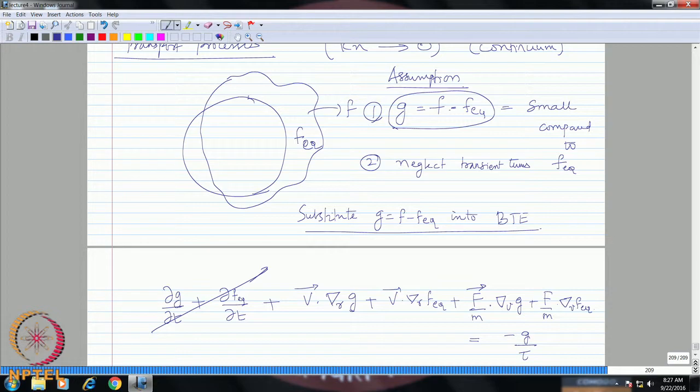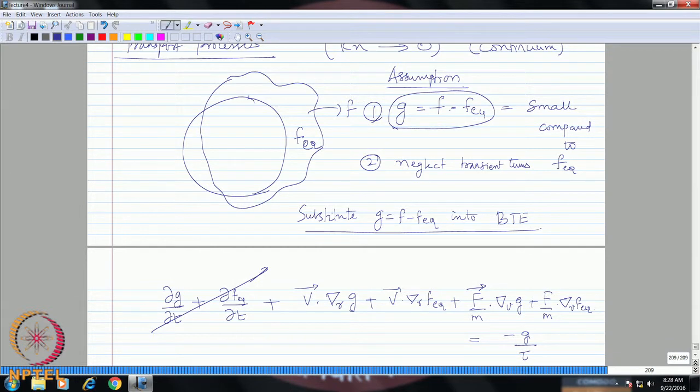If g is also small, that is not sufficient. The change of the distribution function in either the physical space or in the momentum space should be quite small compared to the relative change that is happening to the equilibrium distribution function, right.